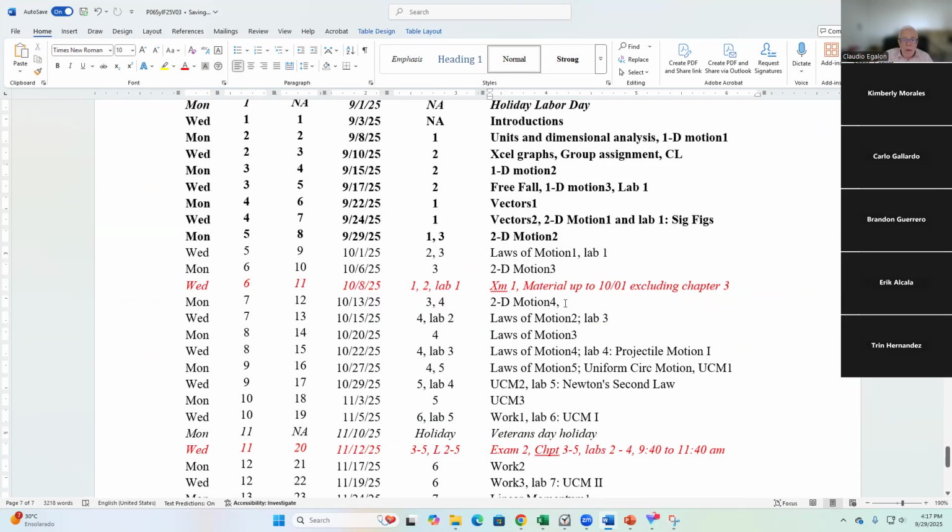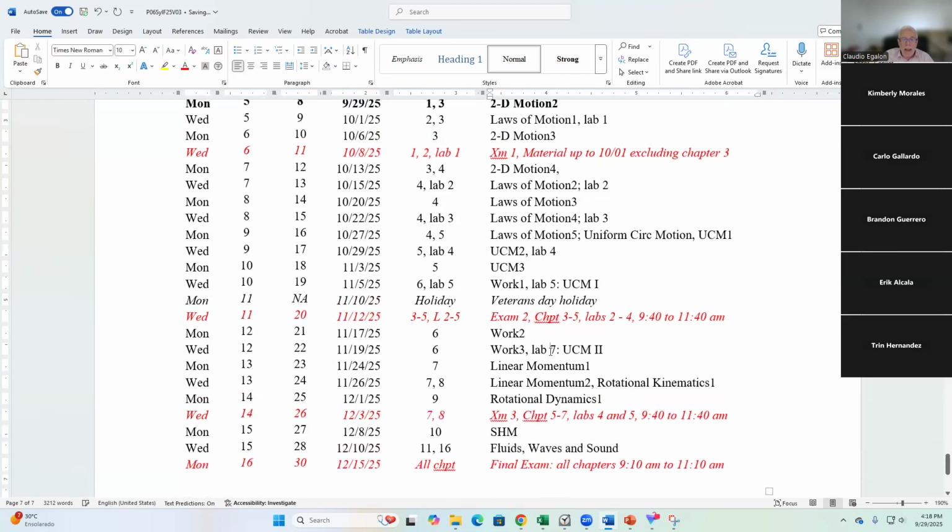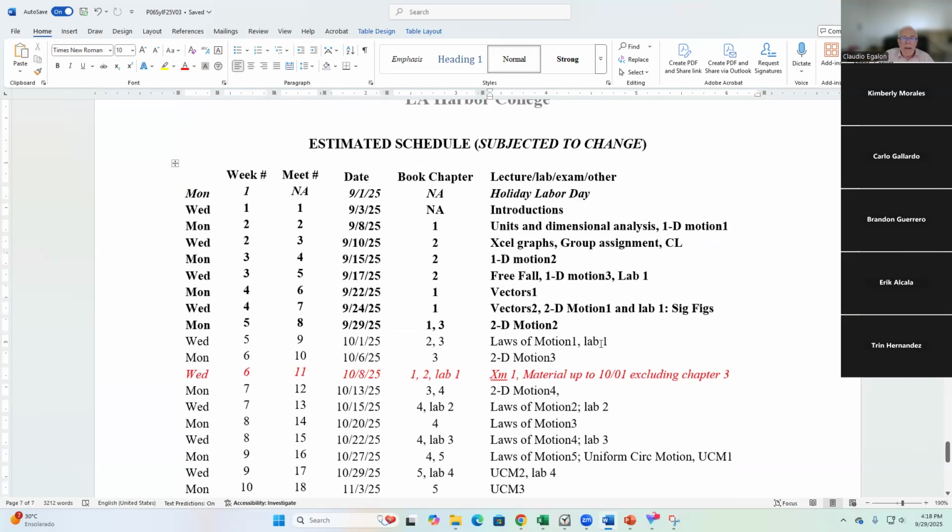That's not lab 3, lab 2. Here is going to be lab 3. Let me erase that so it makes things easier for me. Lab 4, lab 5, lab 6, and laws of motion, lab 1.